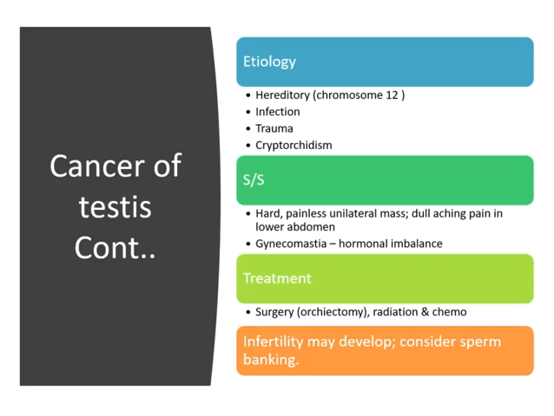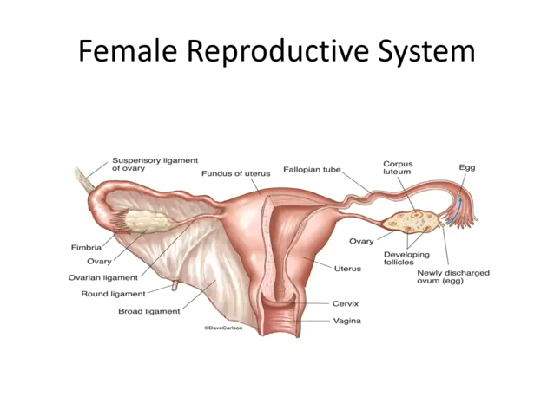So that was all about the male reproductive system. Let's discuss the female reproductive system. This is how the normal female reproductive system looks. Over here is the uterus, which is a sac-like structure, in continuation with which there is a cervix, and in continuation with that there is a vagina, which is the contact with the outside.